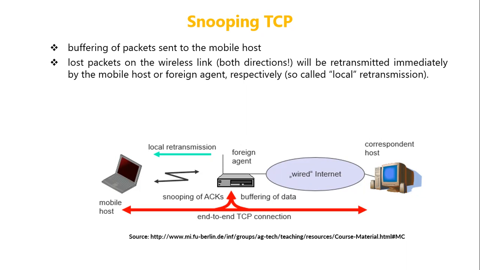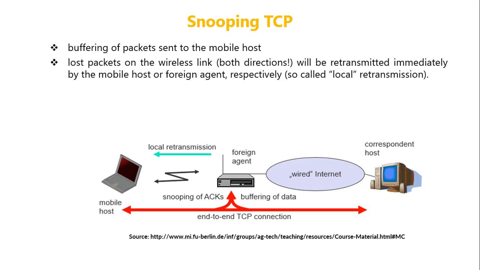Whereas snooping TCP is an enhanced version of indirect TCP which works completely transparently and leaves the TCP end-to-end connection intact.